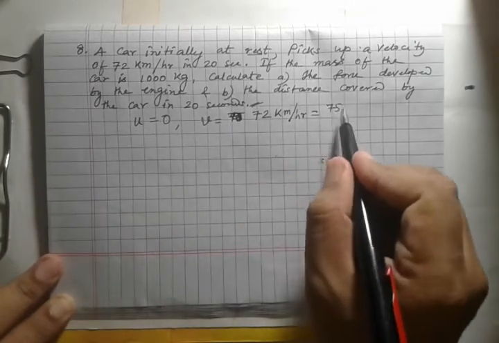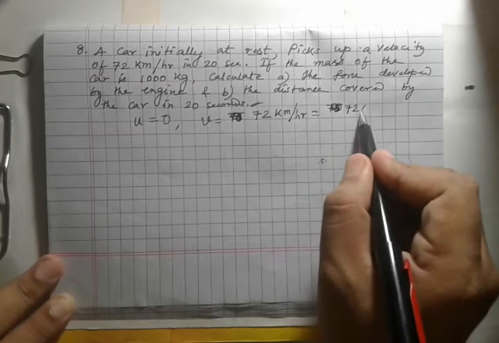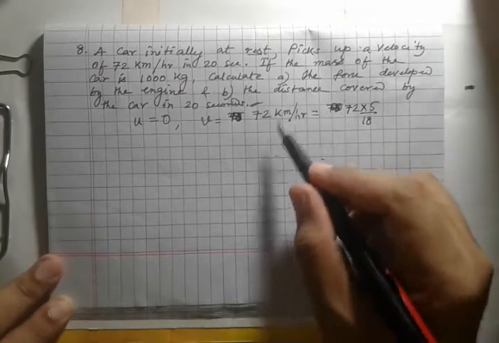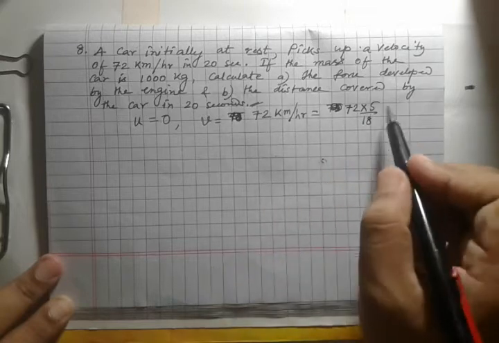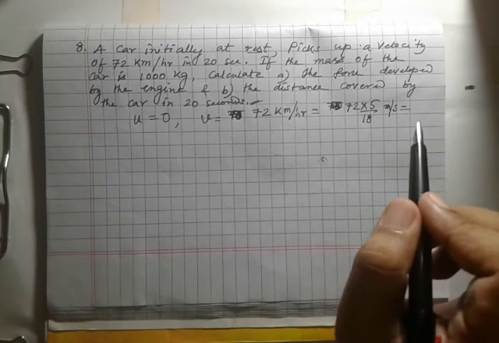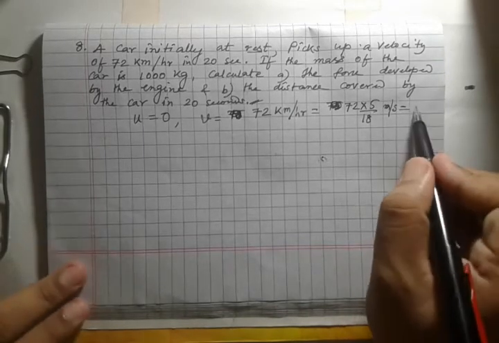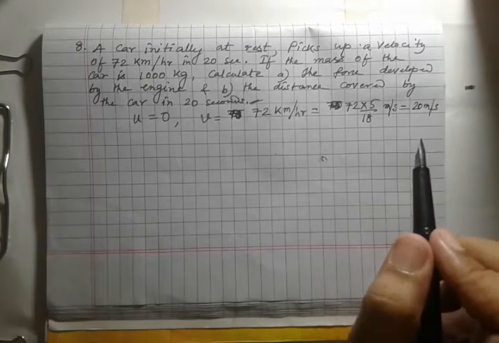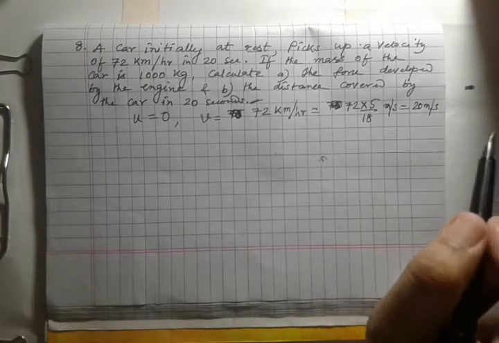So 72 into 5 by 18. Remember this one. There is a procedure to convert kilometer per hour to meter per second. So how much will you get? 20 meter per second. You can see, no?